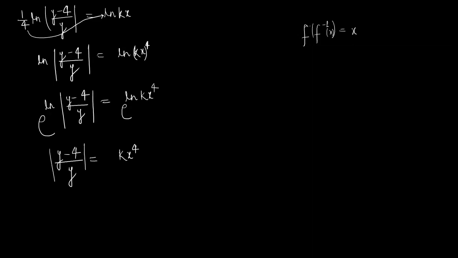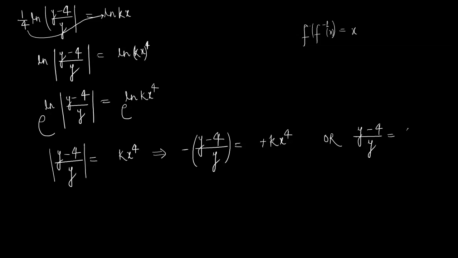Here two conditions are possible: (y minus 4) upon y is equal to minus k x to the power 4, since the quantity (y minus 4) upon y under the mod may be negative or positive. Or simply (y minus 4) by y is equal to k x to the power 4.